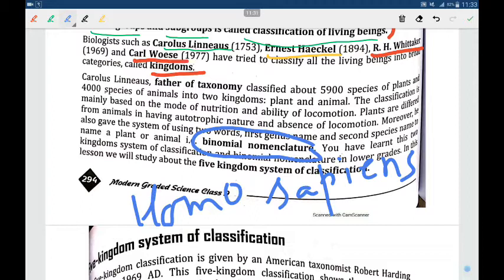Like tiger, Panthera leo. Homo sapiens, two names. Panthera leo, two names. Rattus, two names. Pisum sativum.